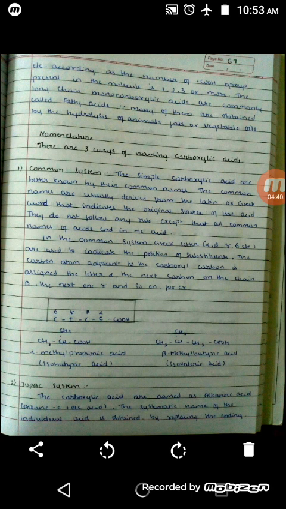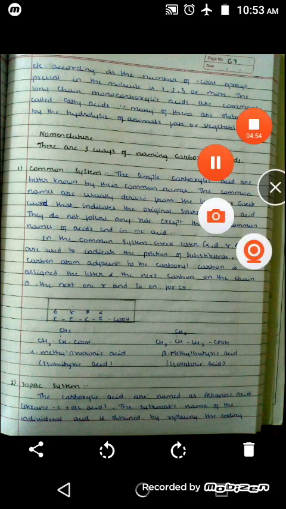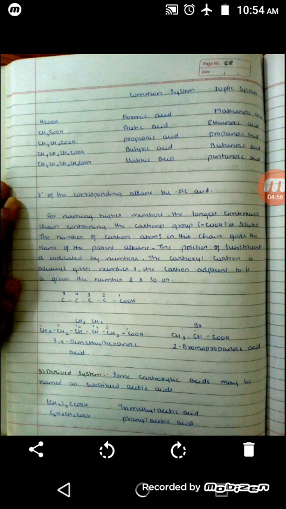Coming to the IUPAC system, the carboxylic acids are named as alkanoic acids. Here the E is removed from the alkane and we add oic acid. Let us see a few examples and name them under the common system and the IUPAC system.